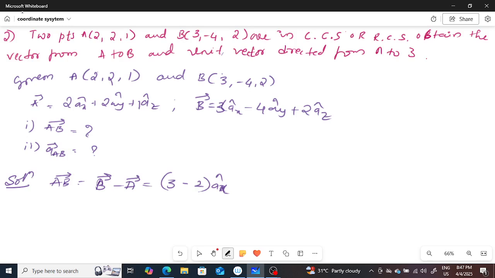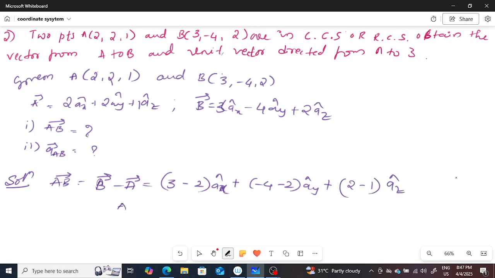Plus minus 4 minus 2 into ay, and the z component of vector B is 2 minus the z component of vector A, which is 1, that is az.